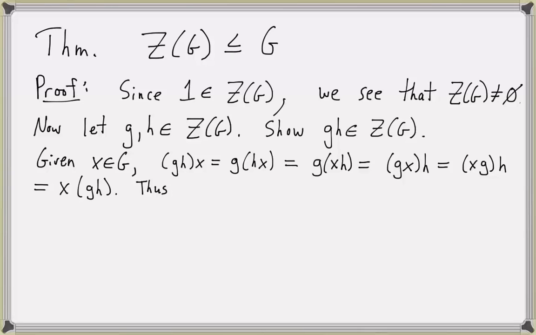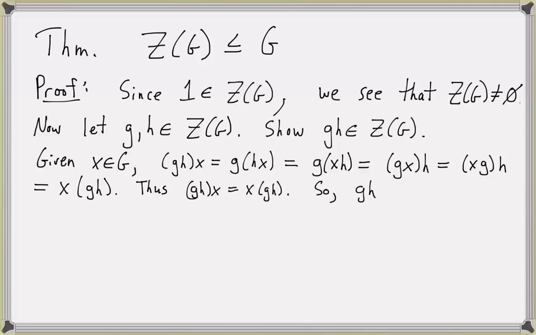So we've just shown that gh times x equals x times gh. So we see that gh commutes with any element x.